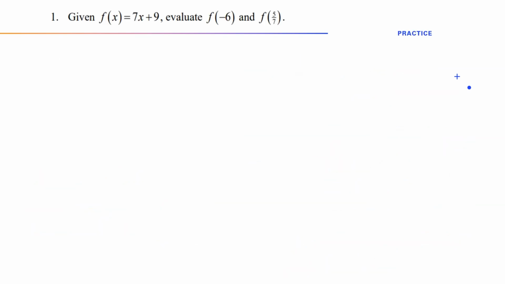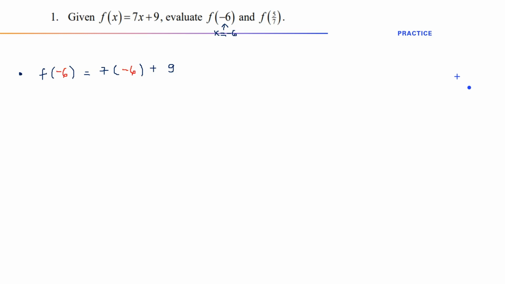Question number 1, given function f of x equals 7x plus 9. Evaluate f of -6. This one means when x equals -6, what is f of x? So we rewrite it one more time, f of x equals 7x plus 9. Okay, now we plug in x equals -6.